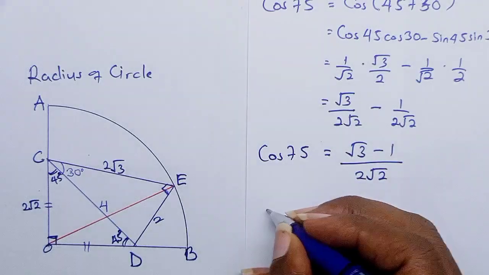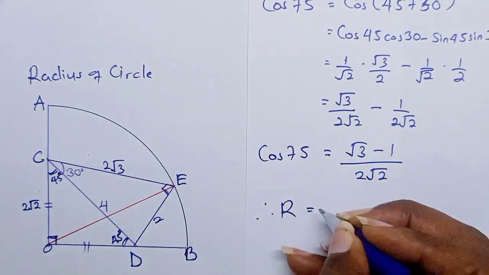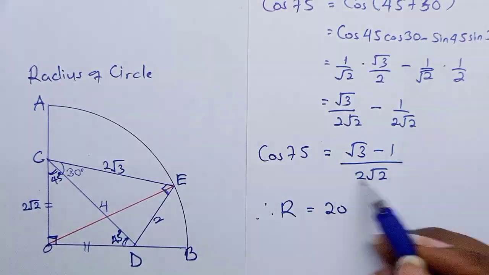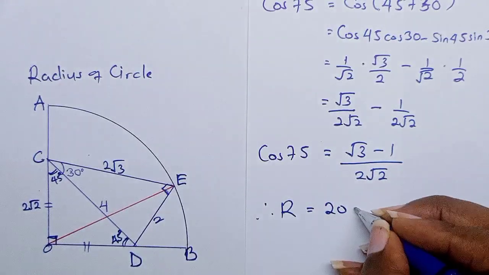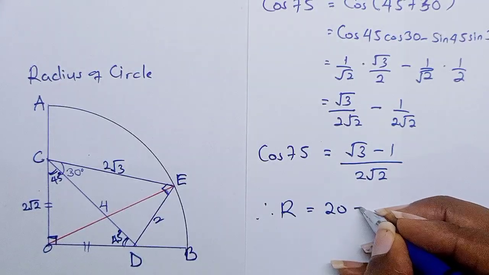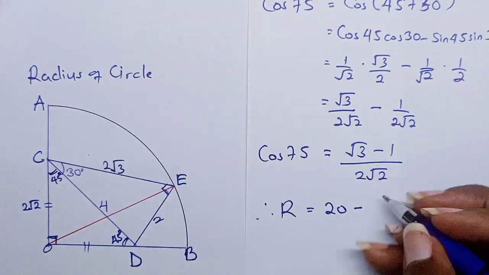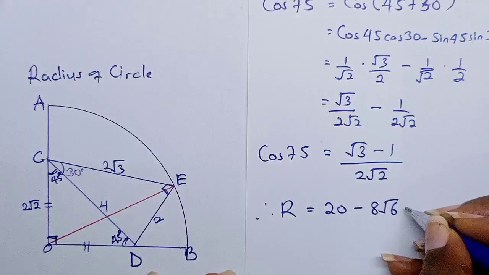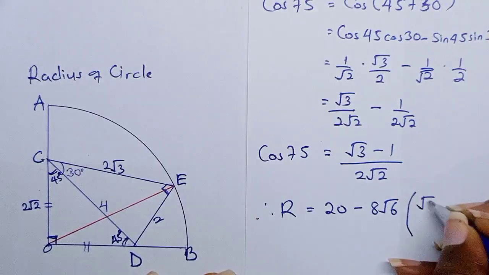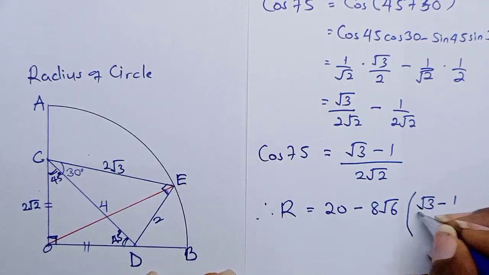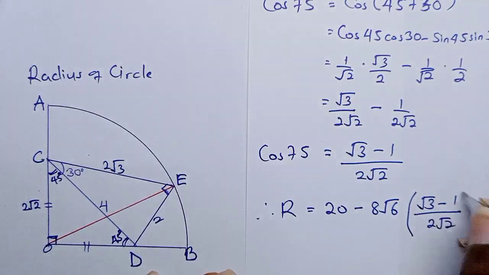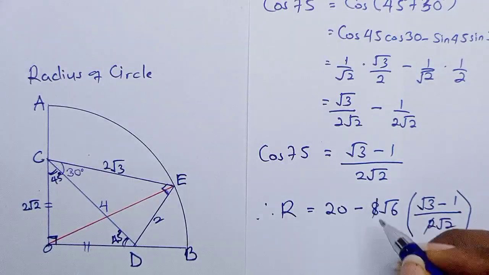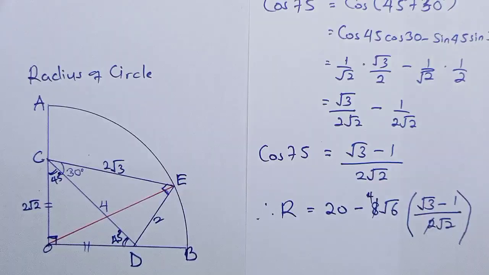So going back to our R, therefore R squared is equal to 20 minus 8 root 6, then cos of 75, which is root 3 minus 1 over 2 root 2. This 2 cancels out with this 8 to give us 4 here.